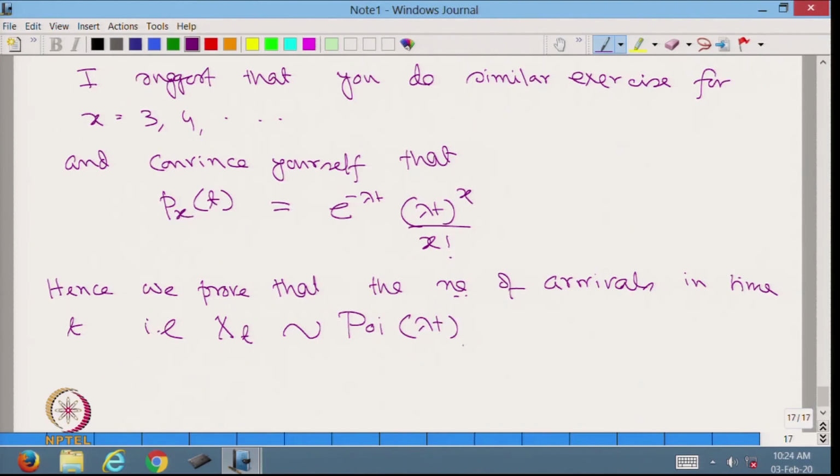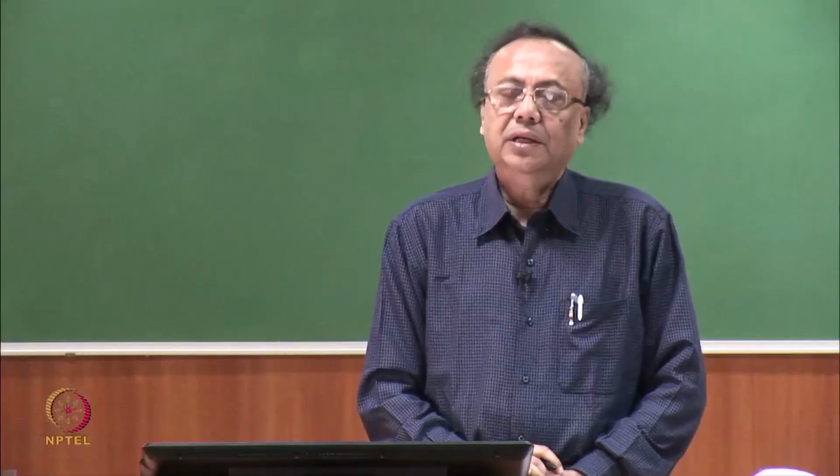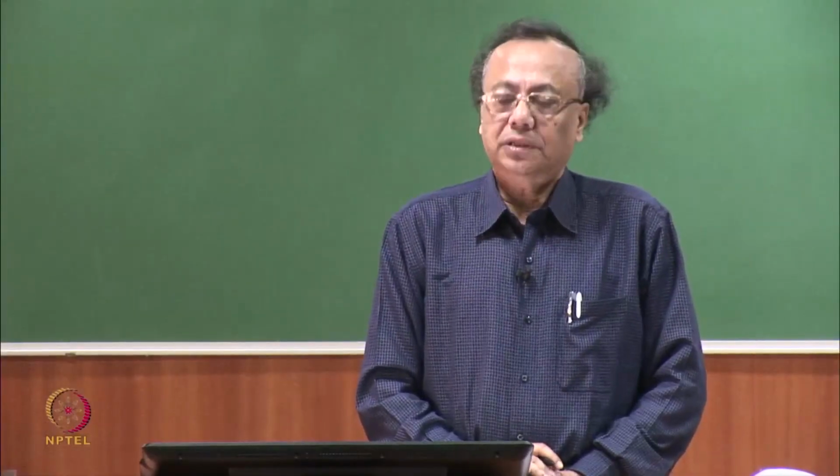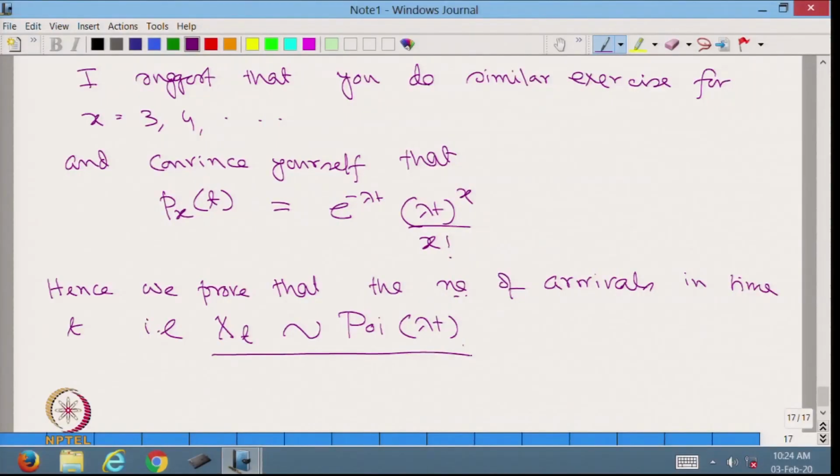So, a very interesting result: we can model the number of arrivals in time t using a Poisson distribution under, of course, certain assumptions as we have mentioned earlier.